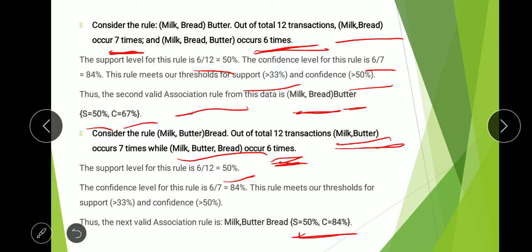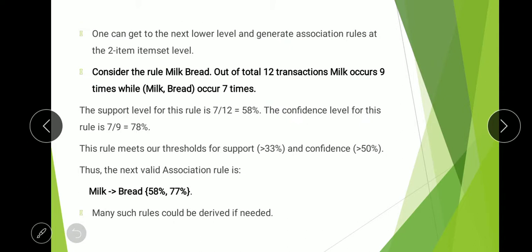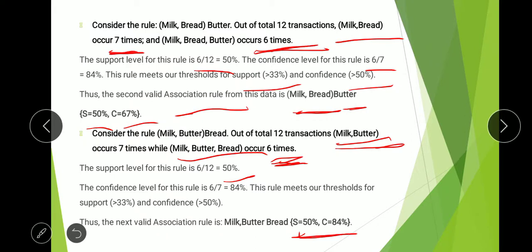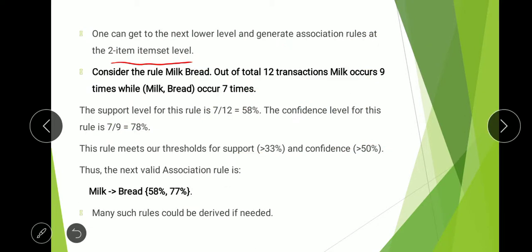Let us go for the lower level association rule, that is second level association rule. Next lower level is second item set level. Now we have to consider only 2 items. In these rules we had considered 3 items. Now we have to consider only 2 items. Consider the rule milk and bread.